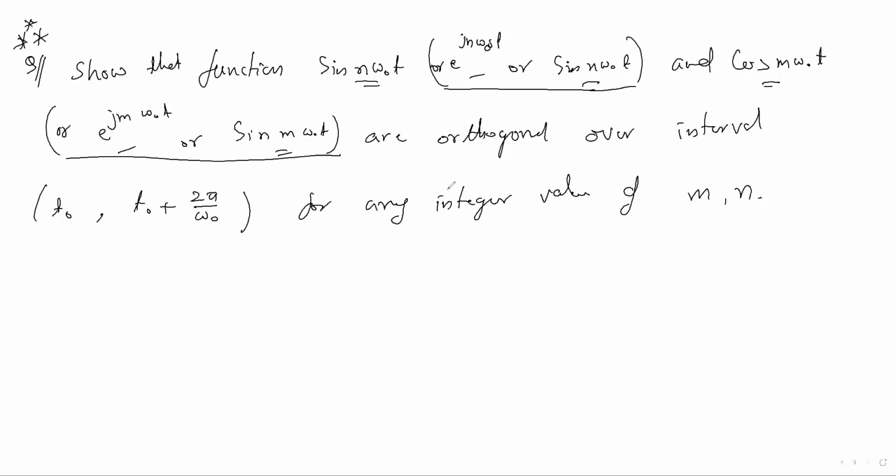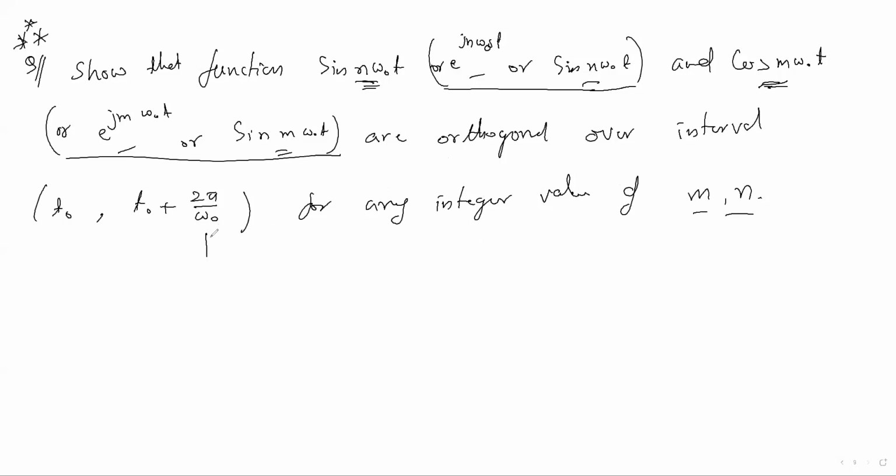What they have said is that sin n omega naught t and cos m omega naught t are orthogonal over the interval t naught to t naught plus 2 pi by omega naught for any integer value of m or n.